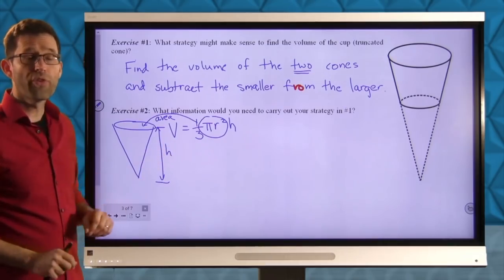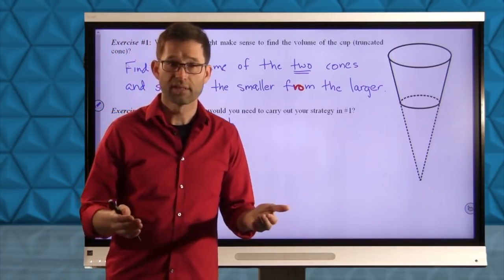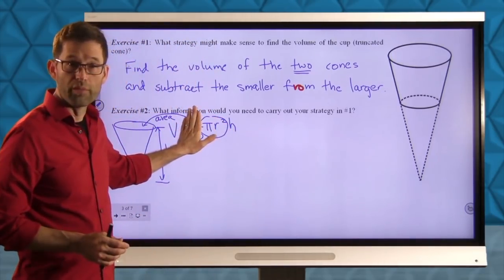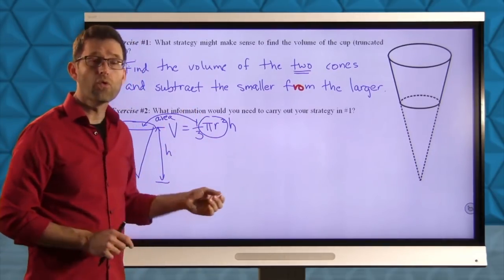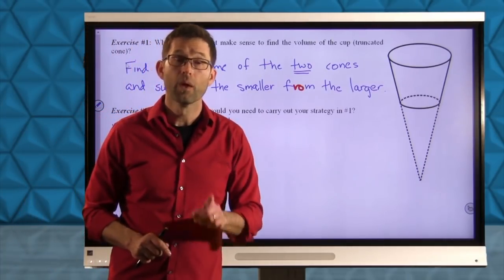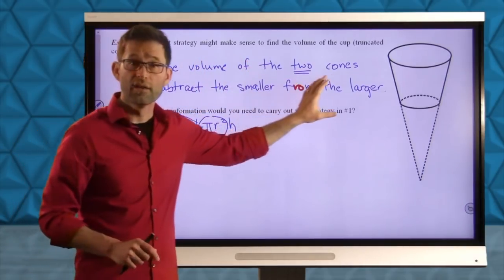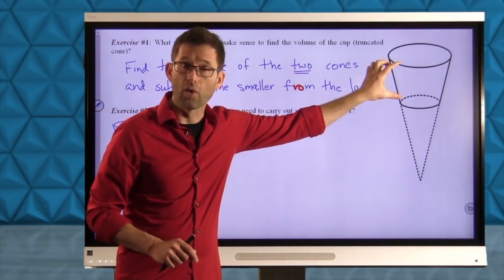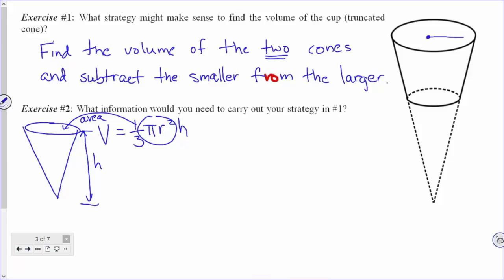And remember, the 1/3 is there because we're dealing with a cone instead of a cylinder. If we had a cylinder, the 1/3 wouldn't be there at all, and it would just be pi r squared h. So we need to know the radius and the height of any cone in order to calculate its volume, which means in order to carry out this strategy to find the volume of the truncated cone, we need to know the radius of the large cone.